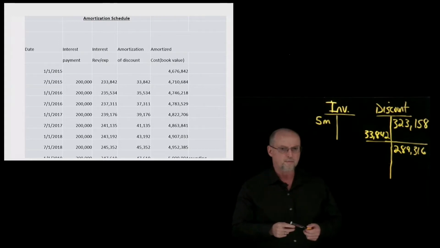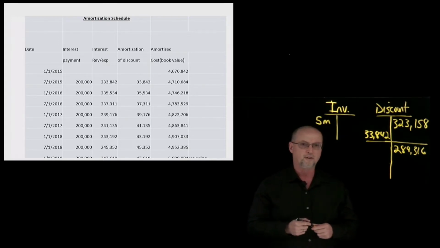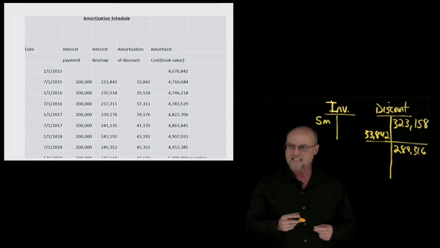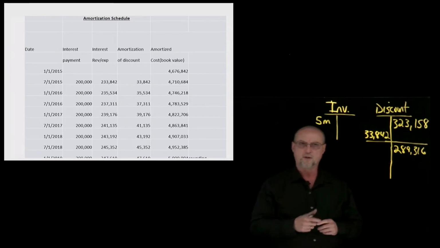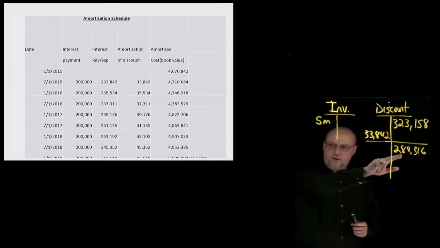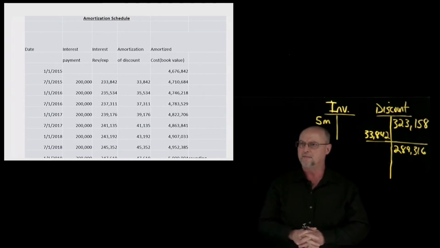So now the unamortized discount is 289,316. That's as of July 1st, 2015. And if we took 5 million minus 289,316, the amortized cost would be 4,710,000.